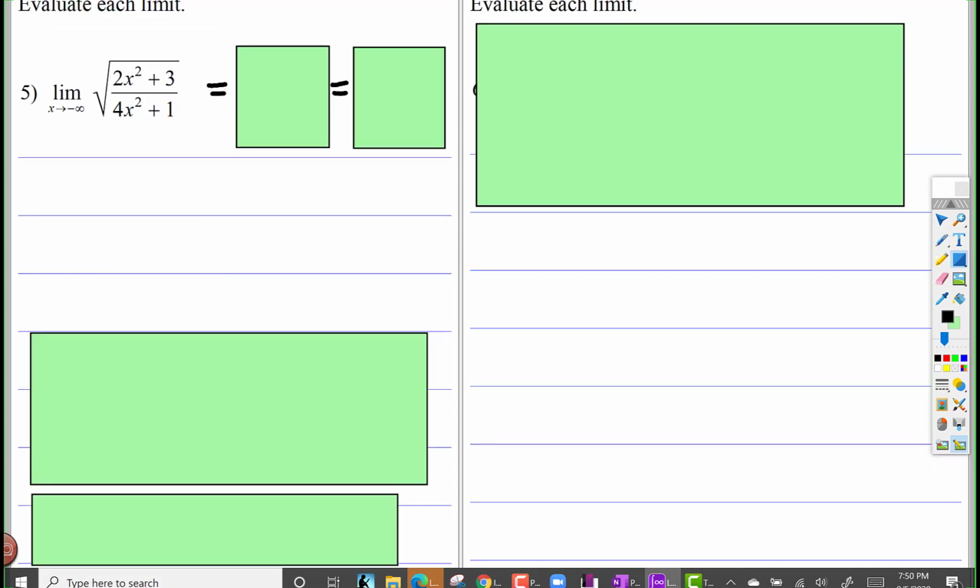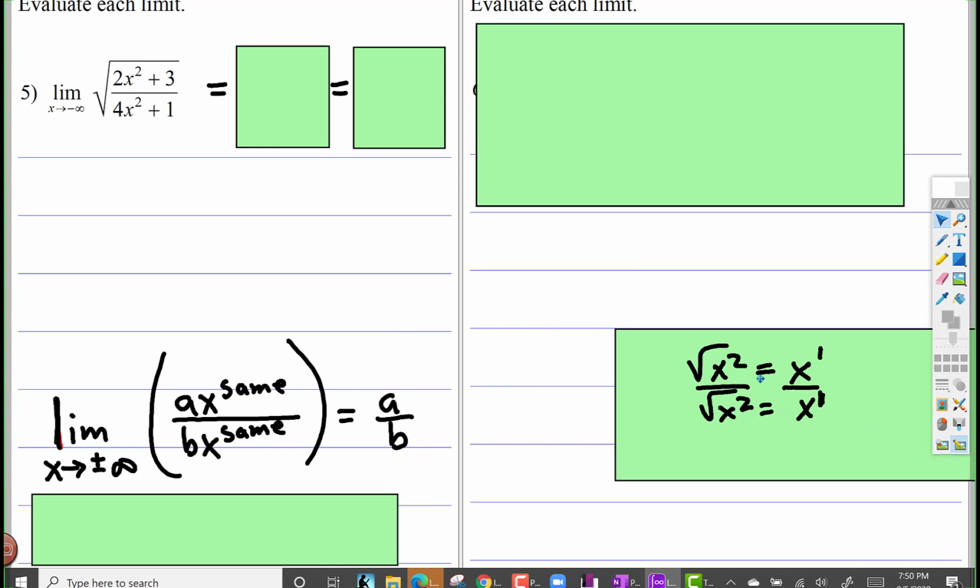Okay, here's the third specific situation. Even though this looks pretty confusing because of the radical, notice the square root of x squared is x. Well, in the denominator, the square root of x squared is equal to x. So that's x to the first over x to the first.